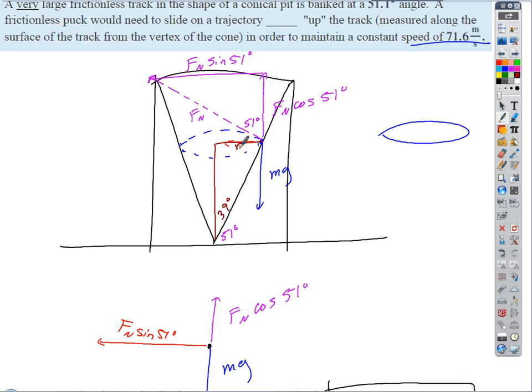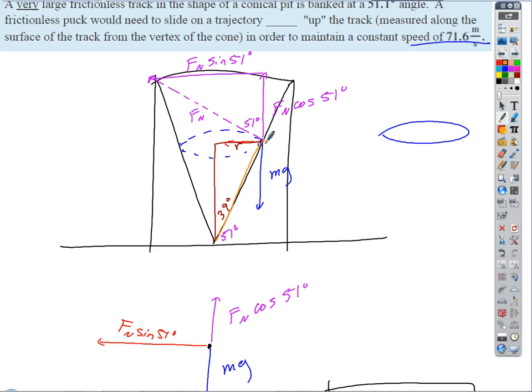If that's 39 and that's r, and I just found out what r is, then really this is the quantity, in orange, that they're asking for. How far up the track would it have to be? I wouldn't use the Pythagorean theorem.